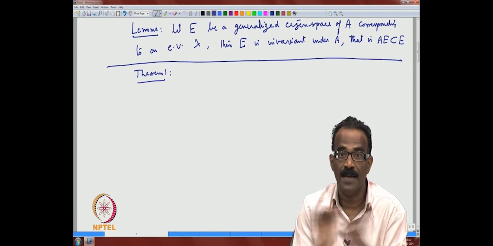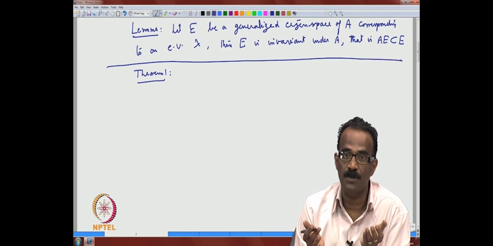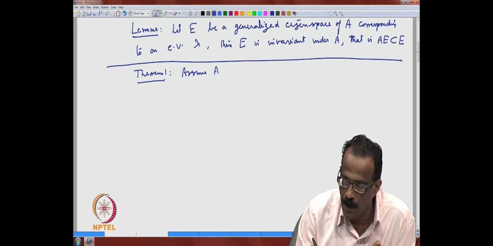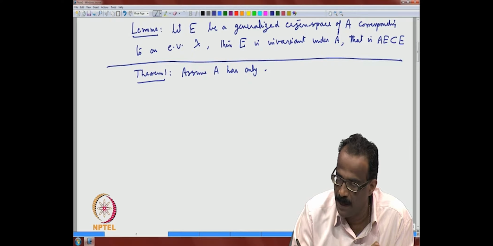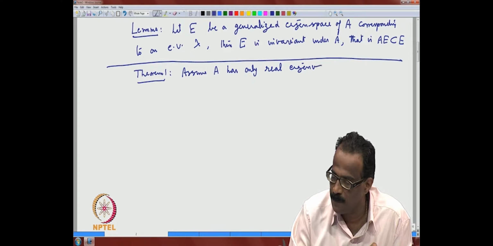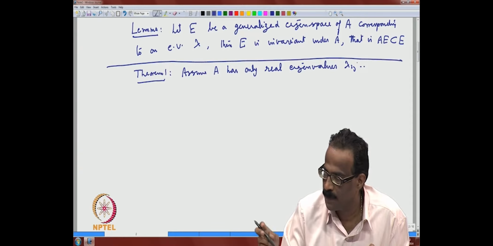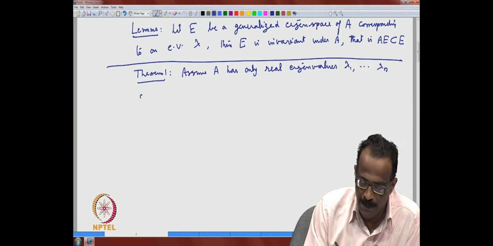Suppose A has only real eigenvalues. I am not talking about simplicity, it can have multiple eigenvalues, but assume A has only real eigenvalues lambda 1 through lambda n, taken according to multiplicity.